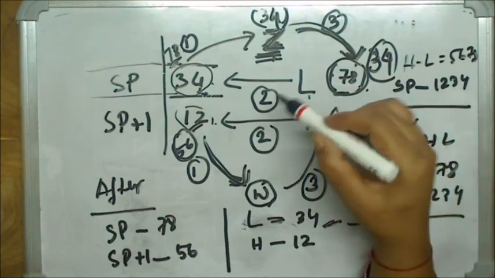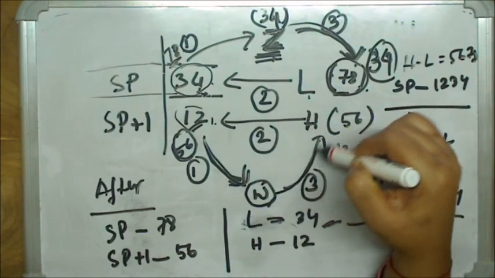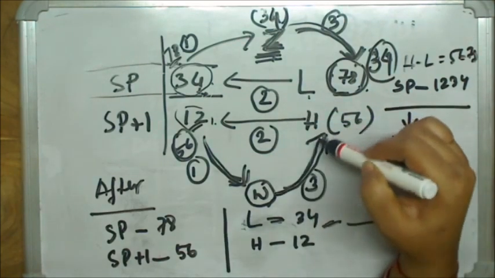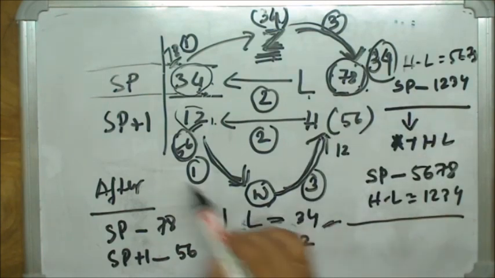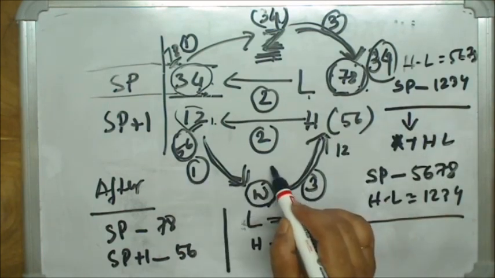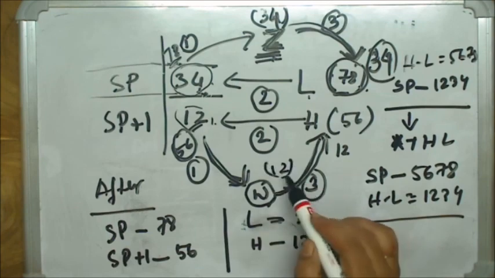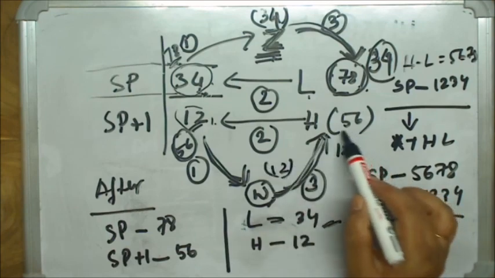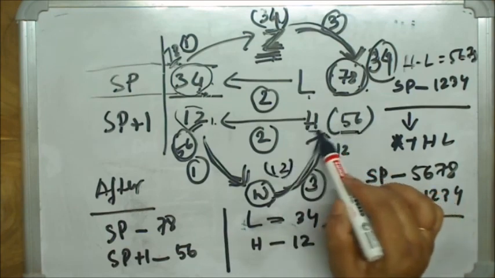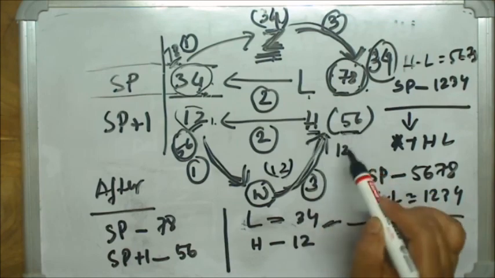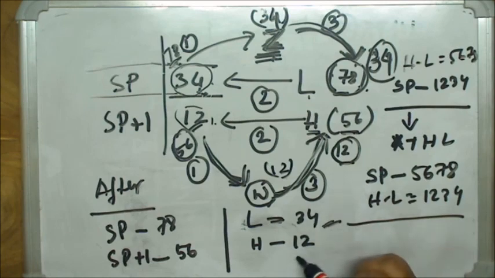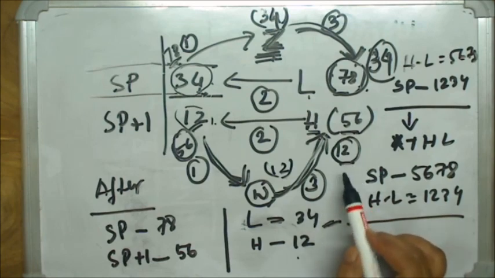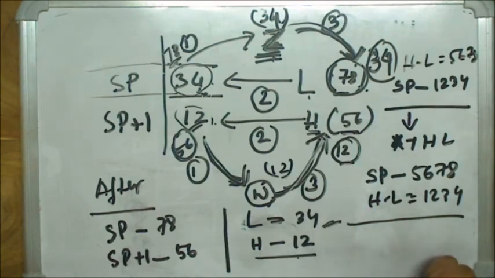And the content of the W register, that is what was there in the W register, 12H, will now be loaded in register H. That is, 56H will be overwritten by W, so H will contain 12H.